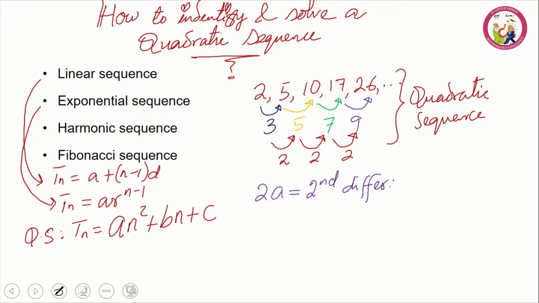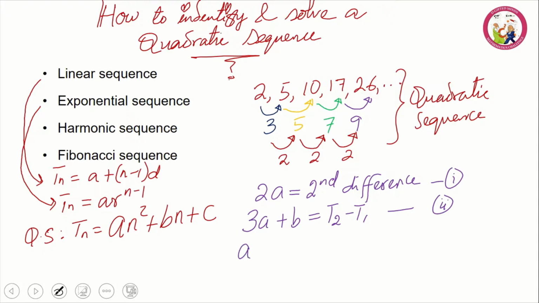This is the first equation that you need to solve for the first parameter in the quadratic equation, that is a. And the second equation is 3a plus b equal to the second term of the sequence minus the first term. So this is the second equation that you need to remember.